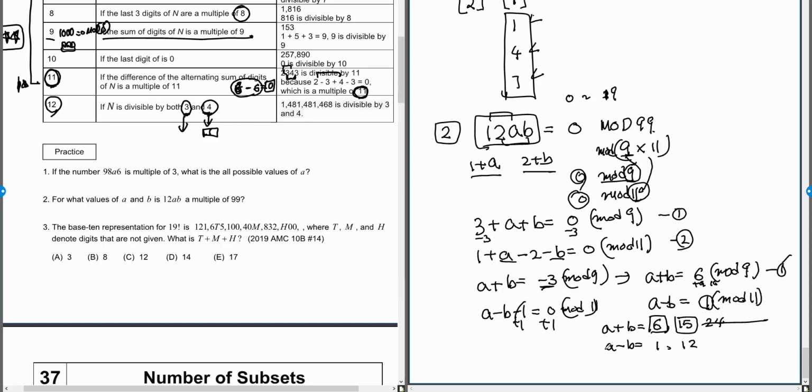A minus B, largest digit is what? 9 minus 0 is what? Only 9. Can the difference be 12, right? Because it is a digit number. Smallest one is 0, largest is 9. So it can't make 12. We have only one possible number over here.